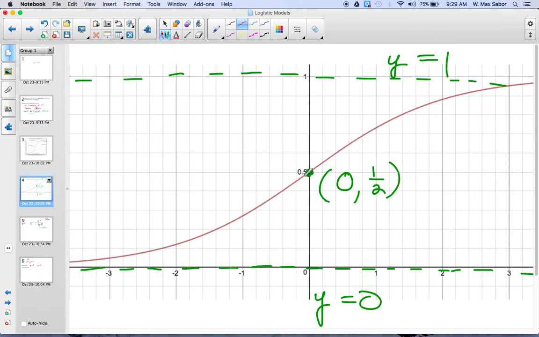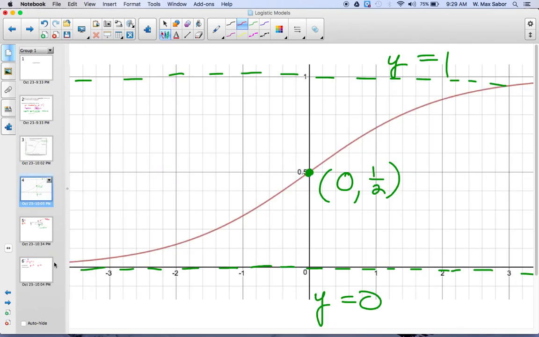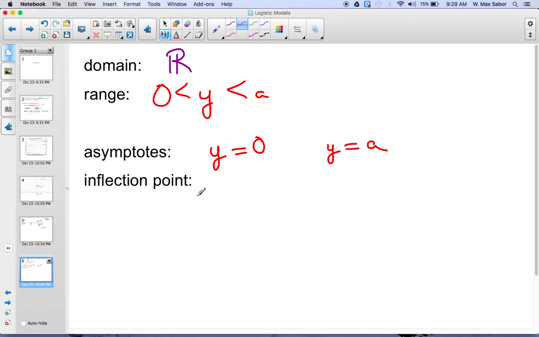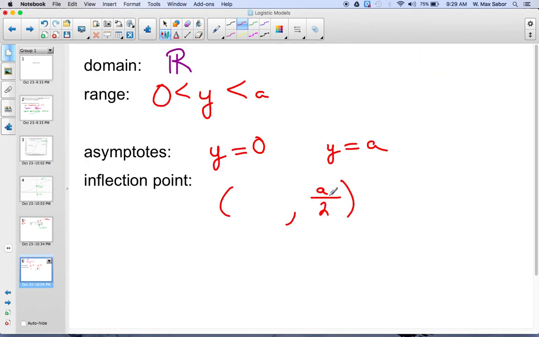So this is the point in the middle. That inflection point is based off of halfway between the asymptotes. So the y coordinate would be a over 2. And then how would you find the x coordinate? Well, you could plug a over 2 in for y, and then you can find that.